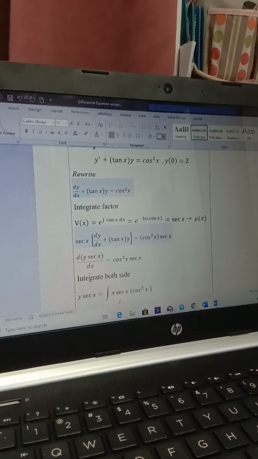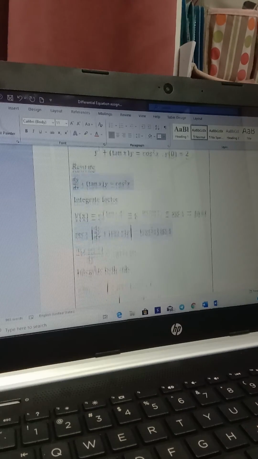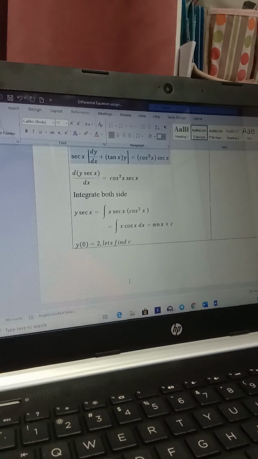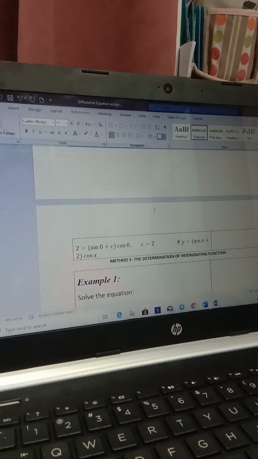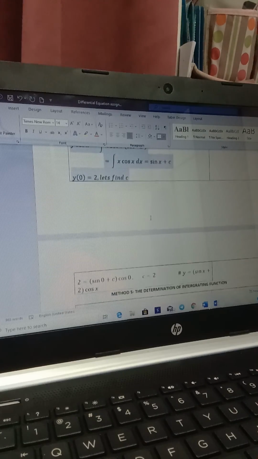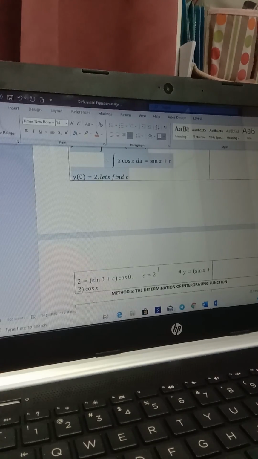I thought it was for x squared only, but I was wrong. Okay, so I know it now. I hope I can say this in the exams, inshallah. Okay, for the next method, I will explain it in other videos.